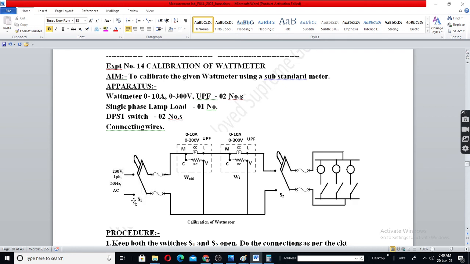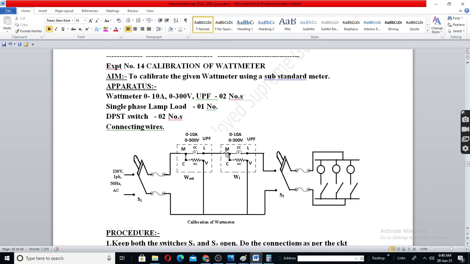If we want, we can use a variac here also, so that variable voltage can be applied to the wattmeter potential coils, and when load is applied you can get variable current also, but that will take a longer procedure.